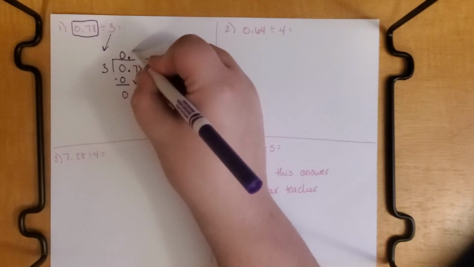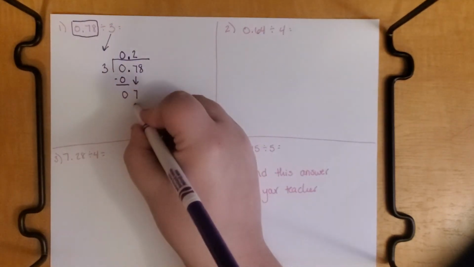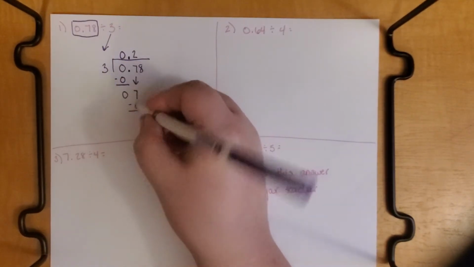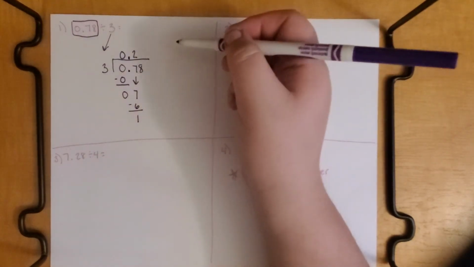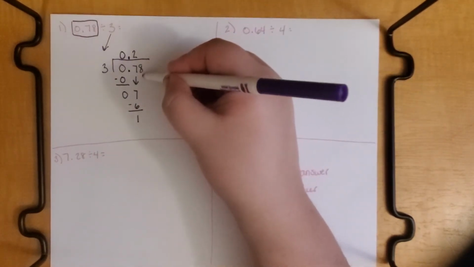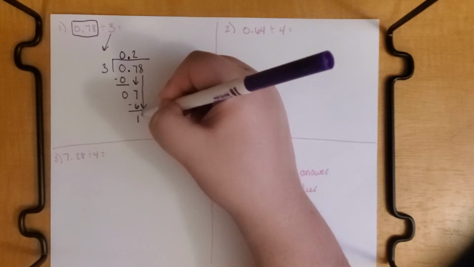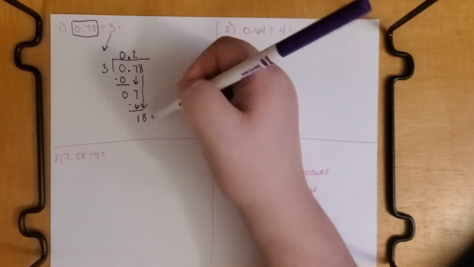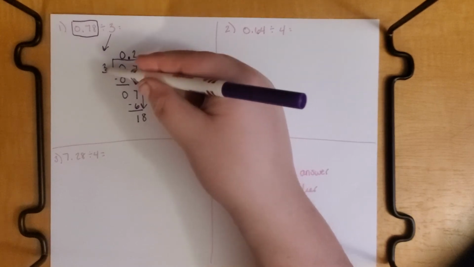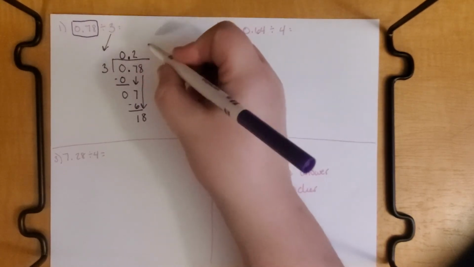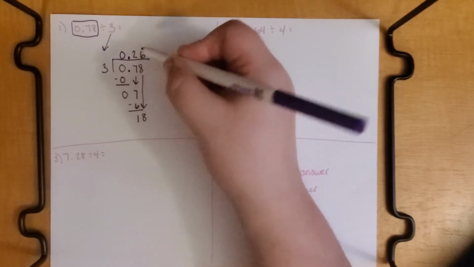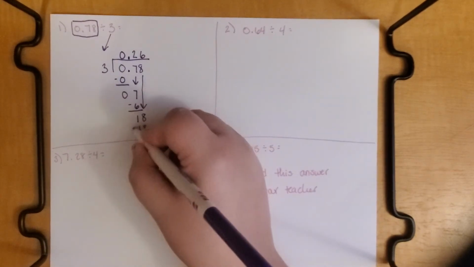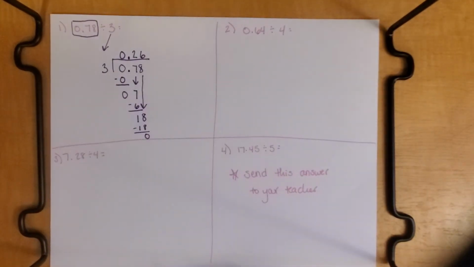I can put it in twice, which means I found a home for 6 of those tiles. That leaves me with 1. I'm on to my next place value. Now I have 18 hundredths pieces. I took that tenth and turned it into hundredths. It gave me 18 of them. And I can put those 18 in 6 groups of 3. And I will not have any left over.